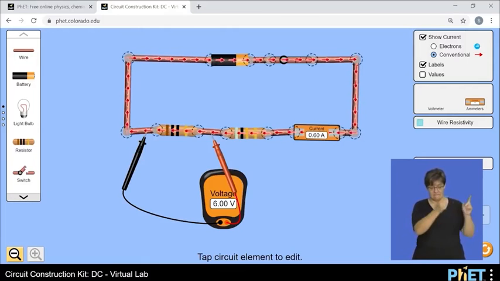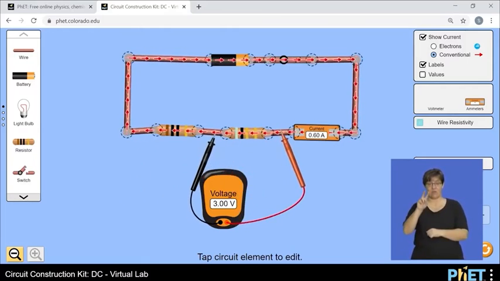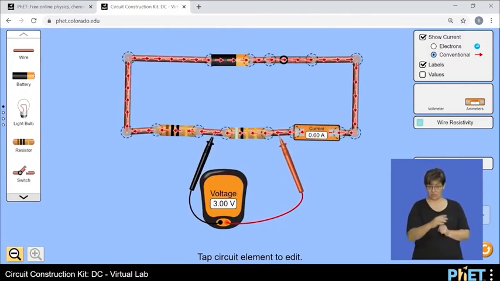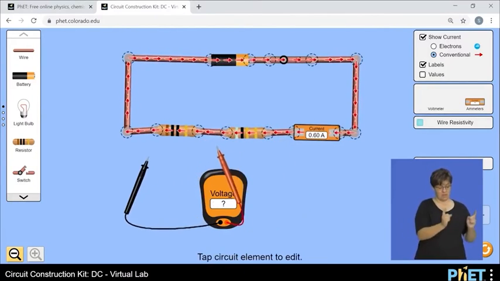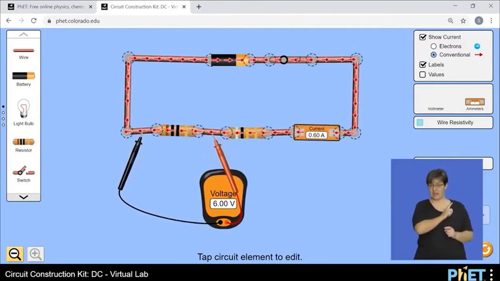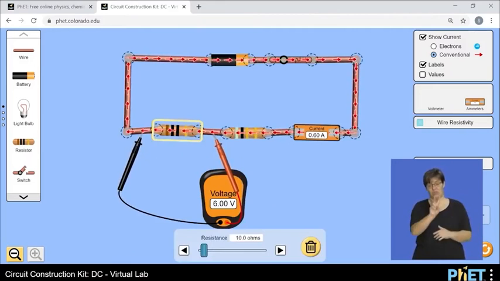But also, if we measure the voltage across R2, which is 3 volts, divided by the total current, this will give us 5 ohms, which is exactly the value. But if we also measure across R1, it gives us an indication that also it's 6 volts.